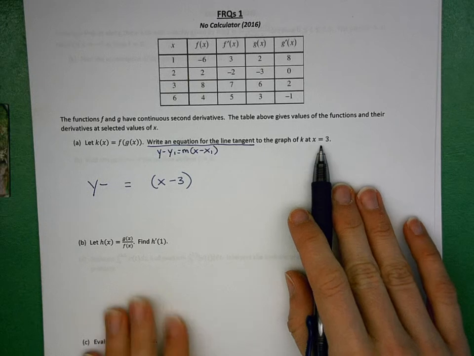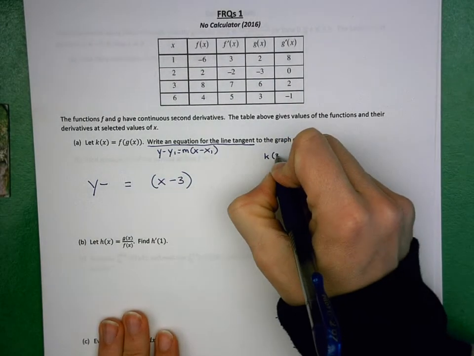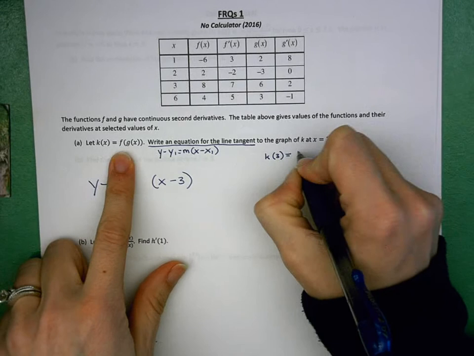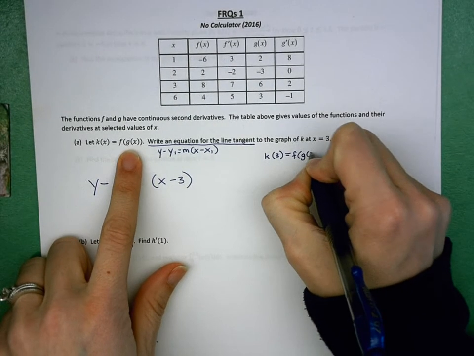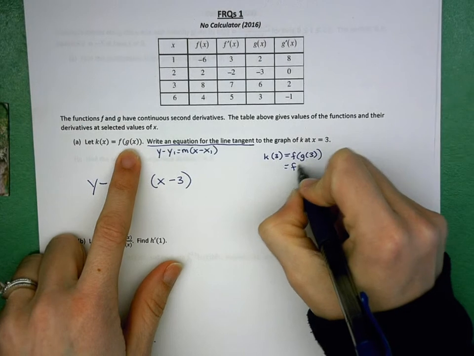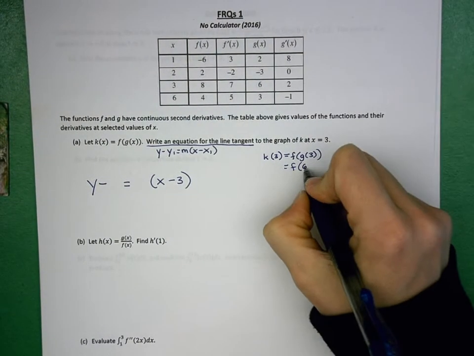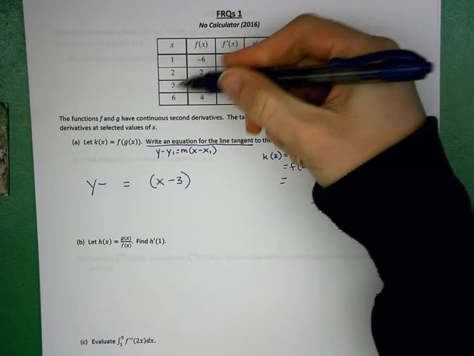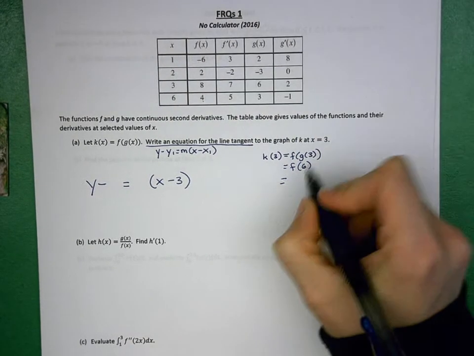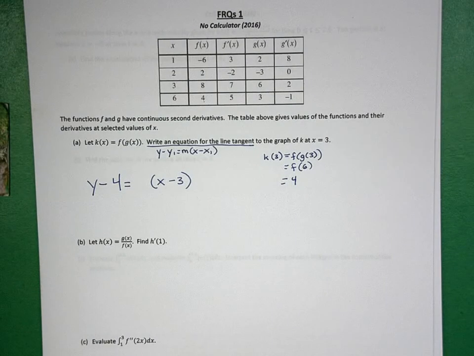So taking my 3 and plugging it into my original equation to find my y coordinate, k of 3 would be f of g of 3. And so evaluating that, g of 3, I know from my table, is 6. And f of 6, from my table, is 4. And so my y1 is 4.